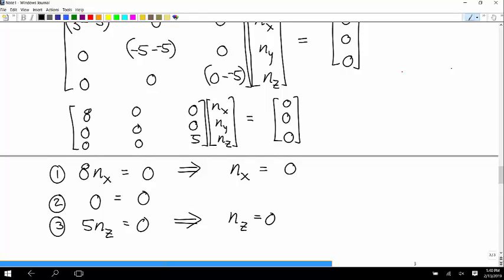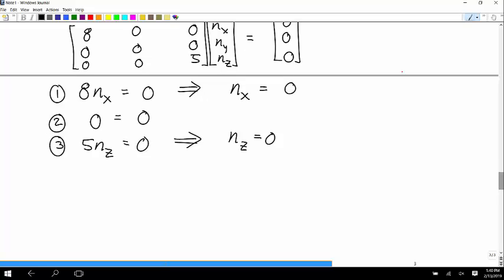So nz has to be equal to 0. And so what's a unit vector that meets those two requirements? Yep. So n has to be equal to 0, 1, 0, or 0, negative 1, 0.